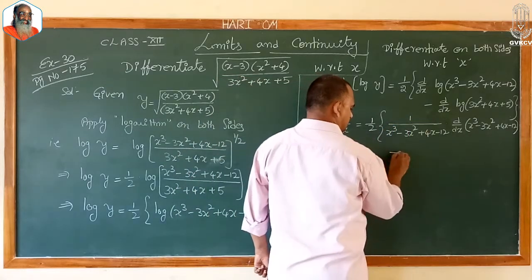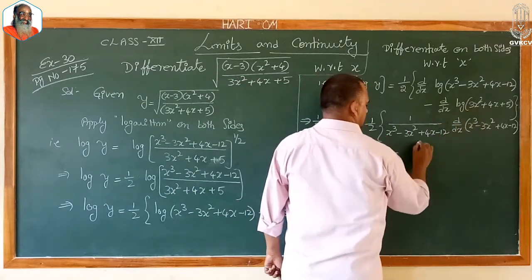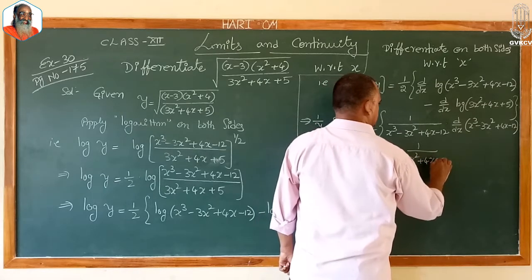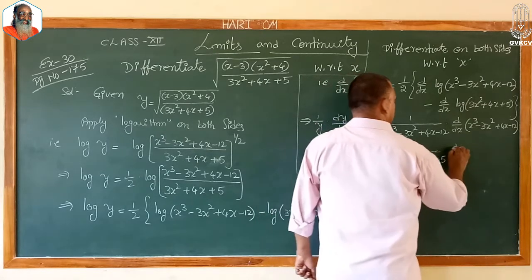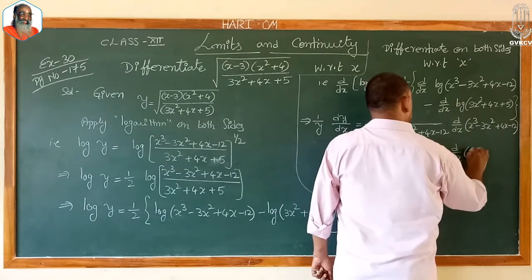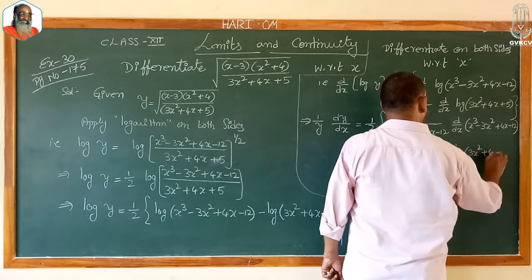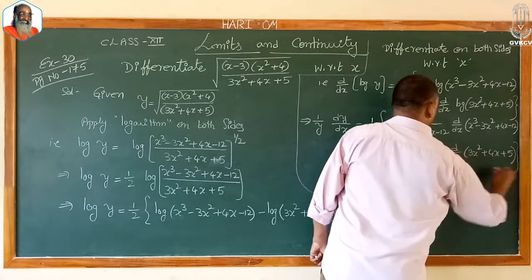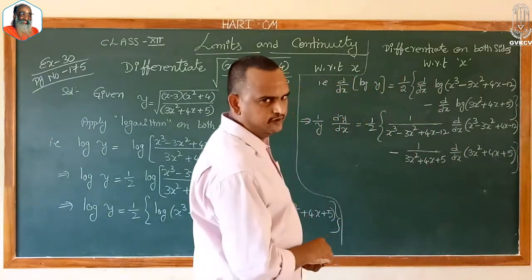Minus, again log x, which means 1 by (3x square plus 4x plus 5) into d by dx of (3x square plus 4x plus 5). This we have to differentiate.